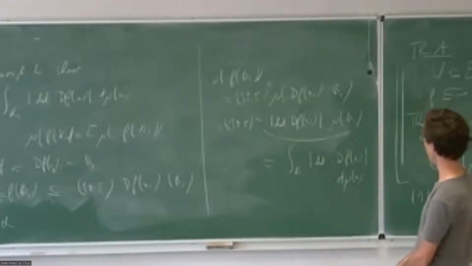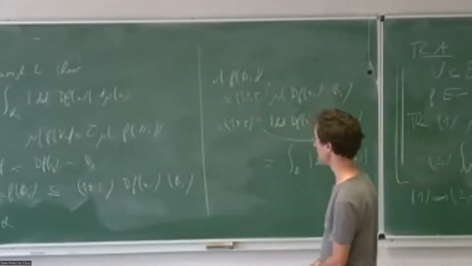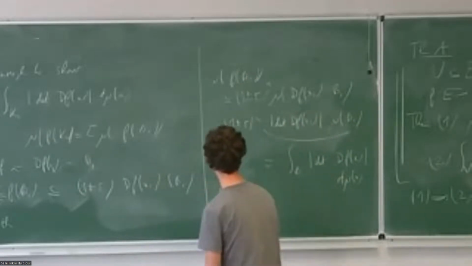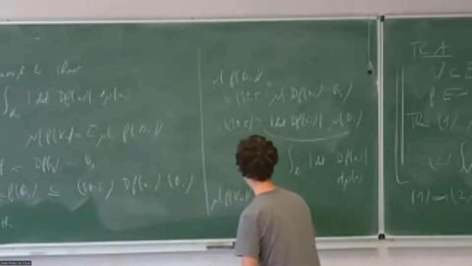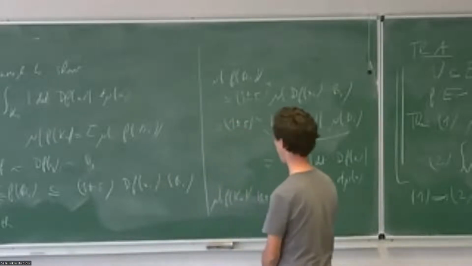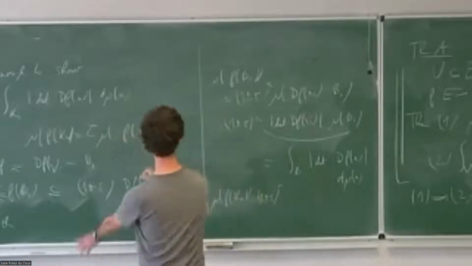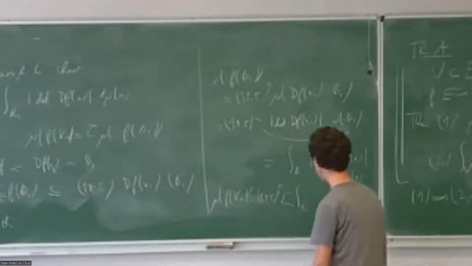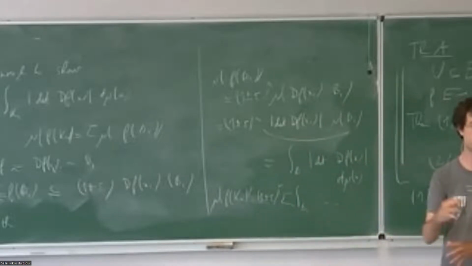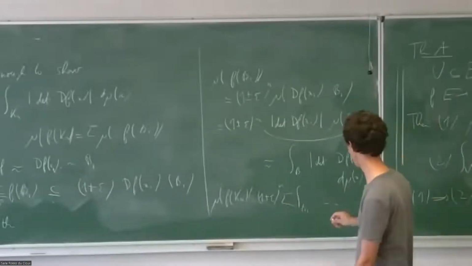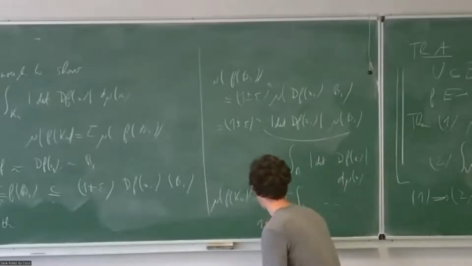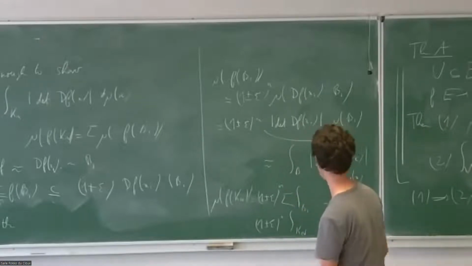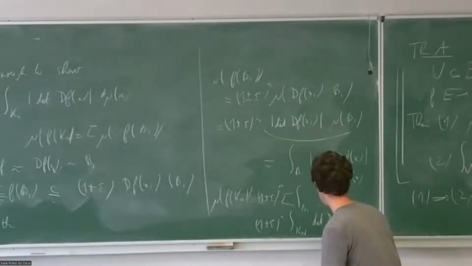And so when I sum up everything, I will get that the measure of f of K_n is 1 plus or minus epsilon to some power times the sum of the integrals over B_i, with the B_i forming a disjoint partition of K_n. So this is exactly 1 plus or minus epsilon to the n times the integral over K_n of the function I'm interested in, that x.